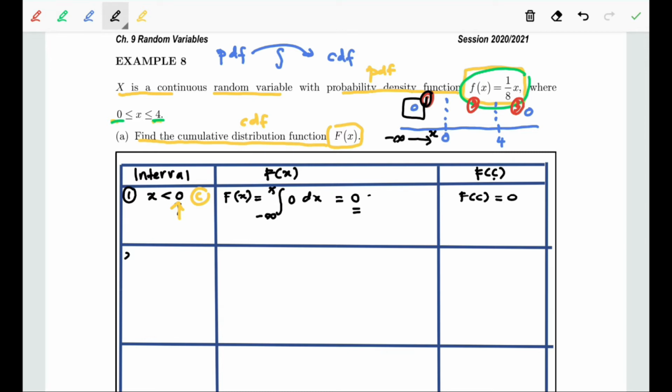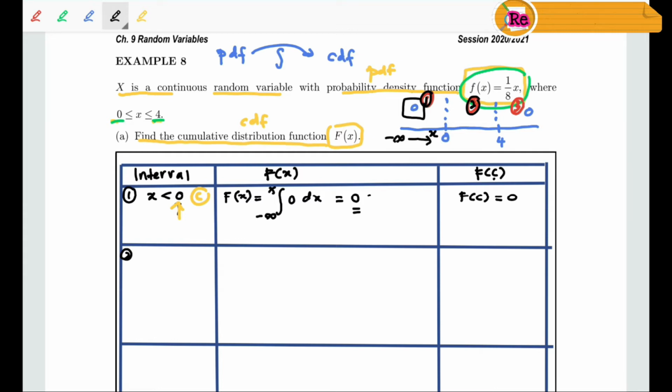Then we're going to proceed with the second interval. You have to remember that since this is the cumulated function, we are going to accumulate from the starting, which is from negative infinity and onwards.